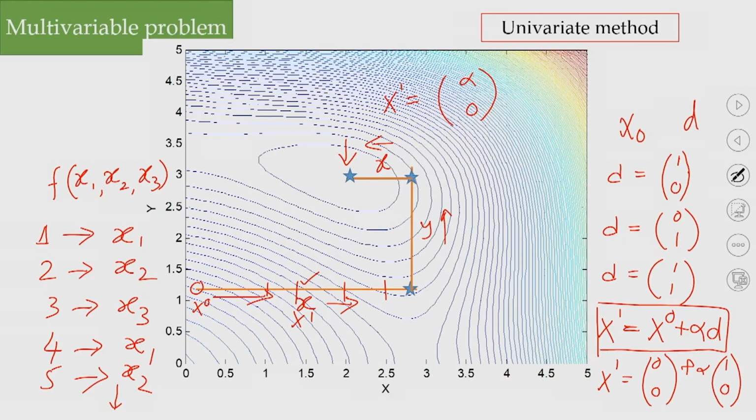Now, if I put this particular x1 into the original function, the original function becomes a single variable function, because I can express it in terms of alpha. So, the problem will be a single variable problem. Let me explain this. I will solve one problem, then I will explain how this algorithm works.